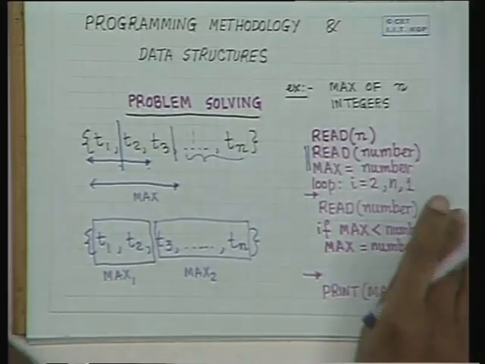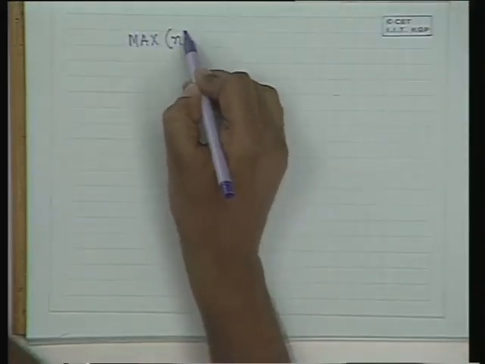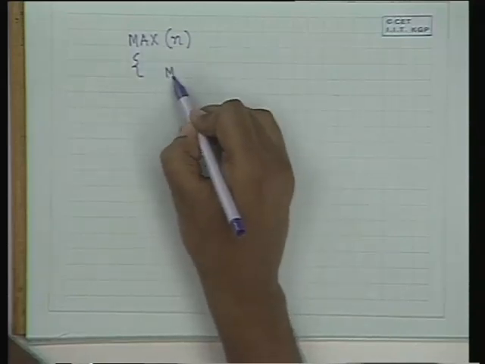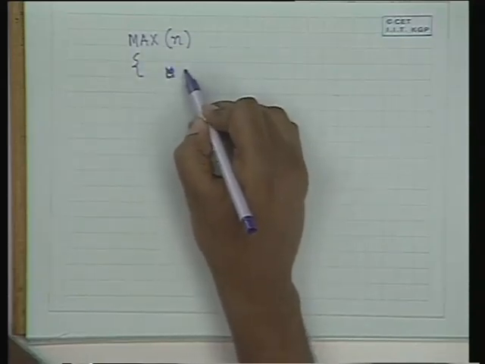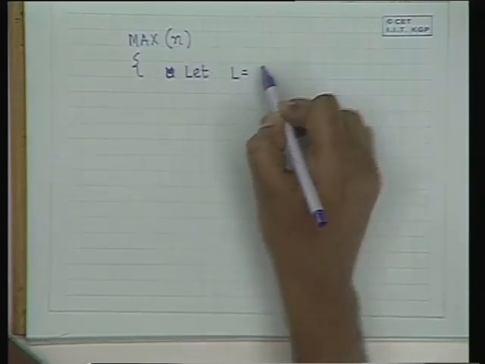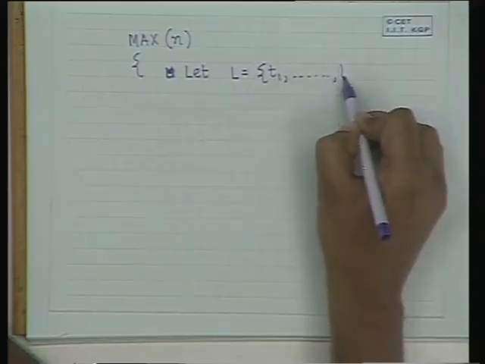That is, we could have said that to solve the maximum of n numbers, what you do is, you form, initially let L be all the n numbers, T1 to Tn.